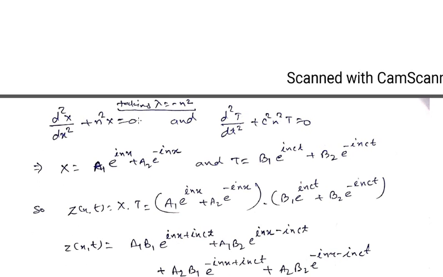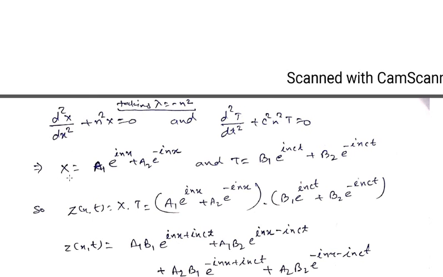In that case, the first equation becomes d2X upon dx square plus n square X is equal to 0. And the second equation becomes d2T upon dt square plus n square c square T is equal to 0. Now again we will solve it using an ordinary differential equation with constant coefficients.